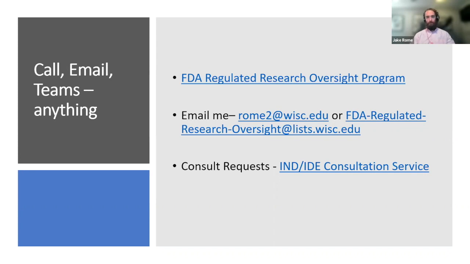I think the important point to take out of your question is that if you think a study does not require an IND, then you should build into your protocol why it does not require an IND. That gets us back to the slide on IND exemptions.